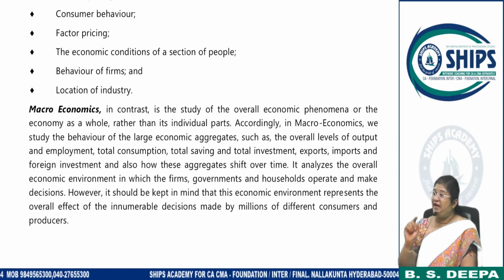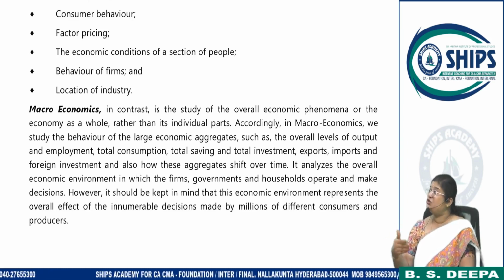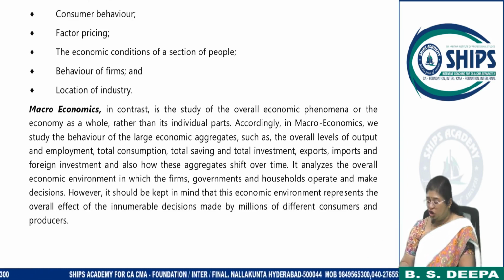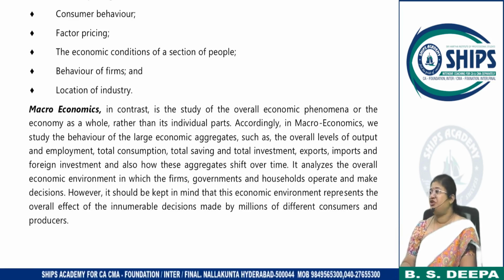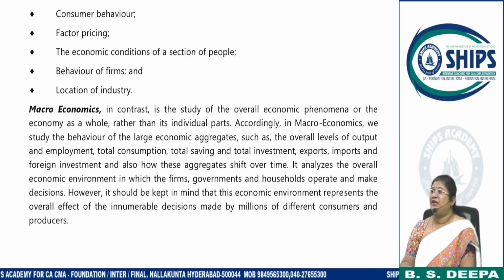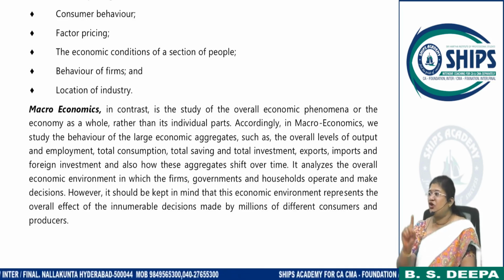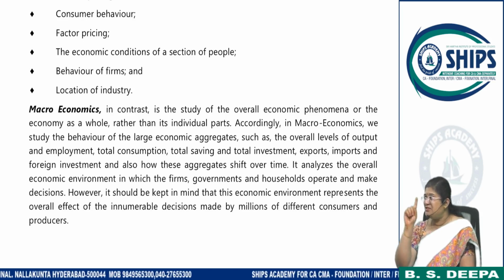Now when we are talking about an industry, just now I uttered so many different industries. Automobile industry, telecommunication industry, beverages industry, or for that matter, any other iron and steel industry, sugar industry, cement industry, anything. Now, we are talking about one industry, that means one product.